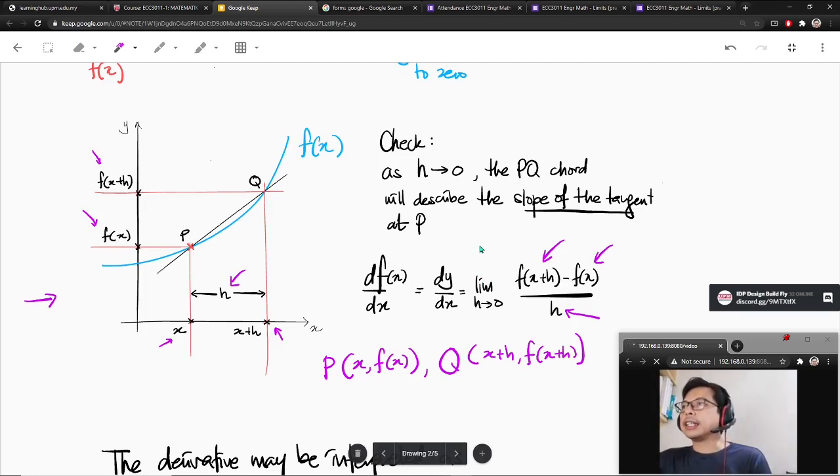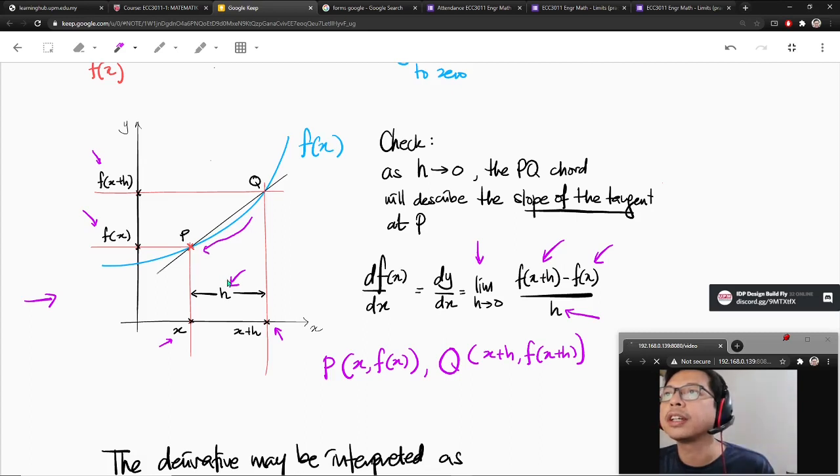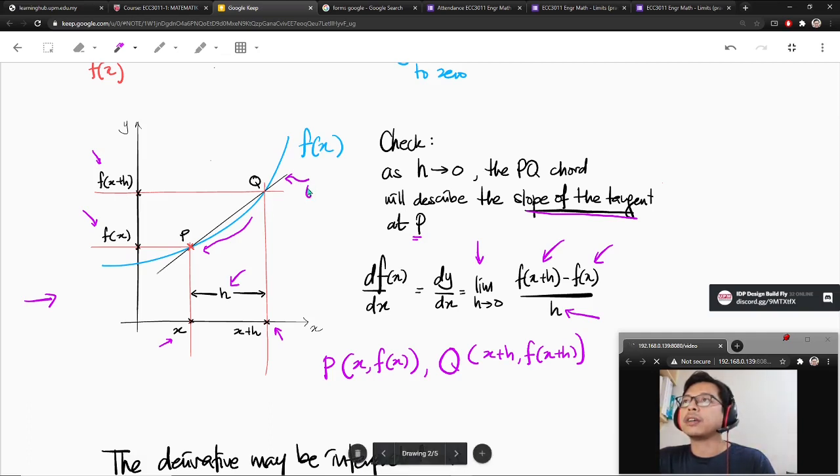So what the definition is saying is, what happens when h is approaching 0? What happens when Q gets closer and closer to P, when the distance is approaching 0? What would happen is you will get the slope of the tangent at P. This is what we call the tangent, but right now this one is called the secant line.